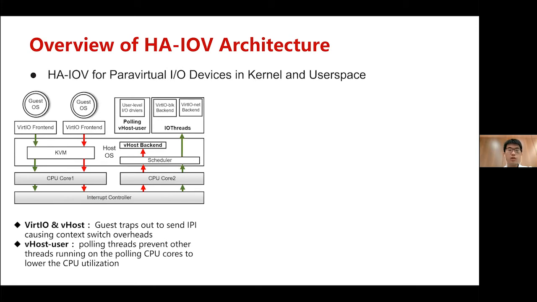As for paravirtual I/O devices in kernel and user space, virtio and vhost require the guest to trap out to send IPIs or send I/O event FD to notify the virtio backend and vhost backend, respectively. Particularly, I/O threads running in user space should be scheduled by the kernel. This further causes overheads before processing I/O requests.